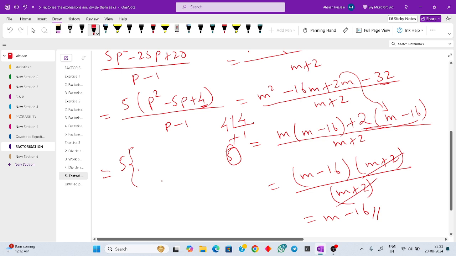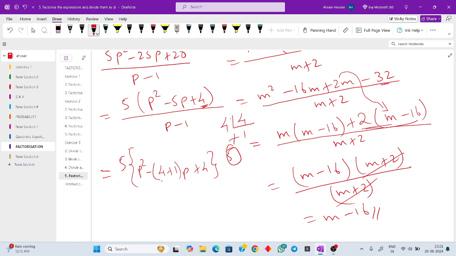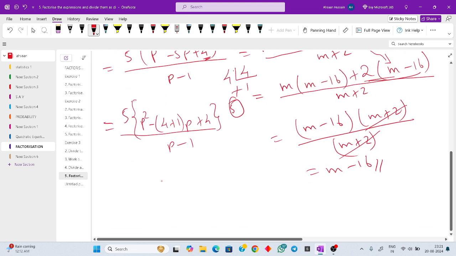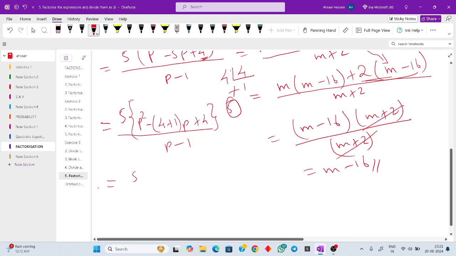So write p squared minus 4 plus 1 in place of 5. So this would be p squared minus 4p, minus 1p, and positive 4, divided by p minus 1.